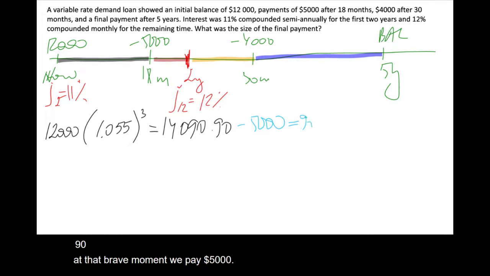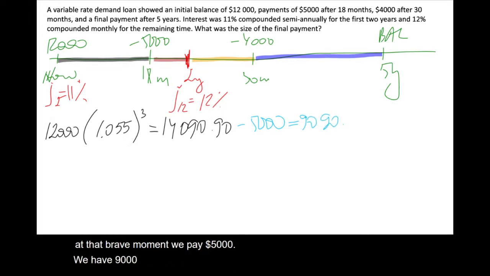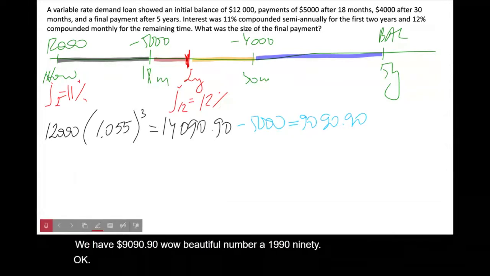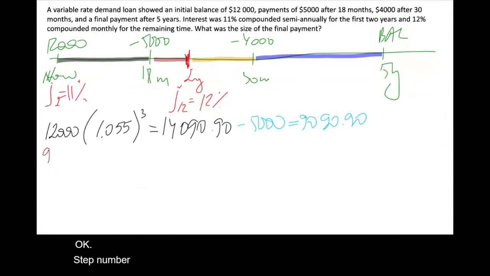We have $9,090.90. Wow, beautiful number, huh? 90, 90, 90. Okay, step number next. That beautiful number.